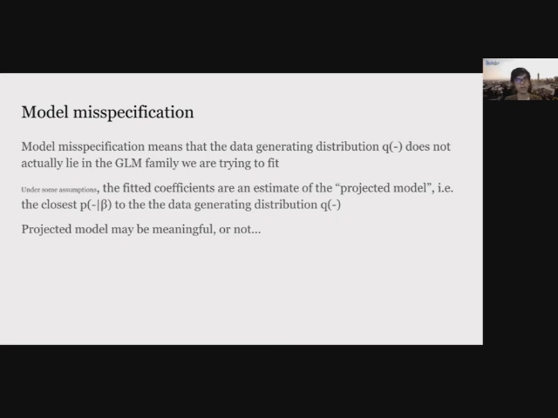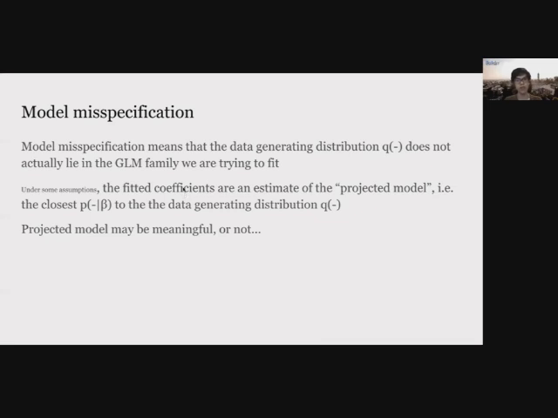However, even when this is the case, there are, under some assumptions, ways to still make sense of the fit. I'm making the text here small because for the scope of this class, we don't have to worry too much about this. But under some assumptions, we can still fit our GLM model to the data. And if we have more and more data from the same distribution Q, which doesn't actually lie in our GLM family, the fit coefficients that we get from fitting our model to more and more data are actually going to converge to something.